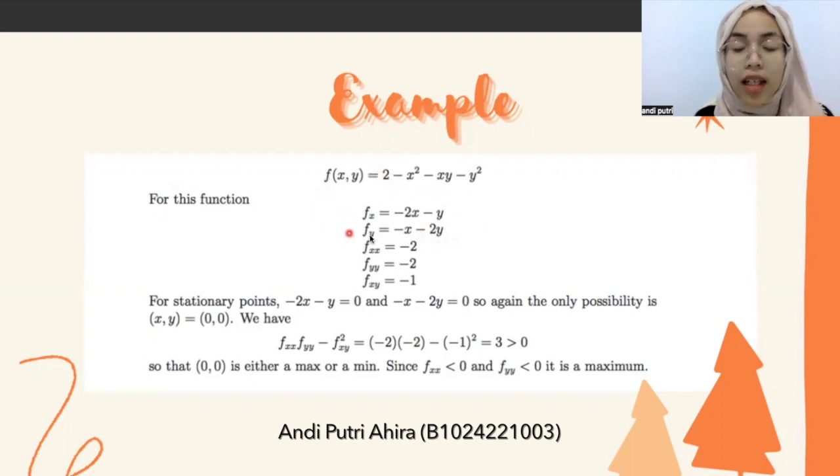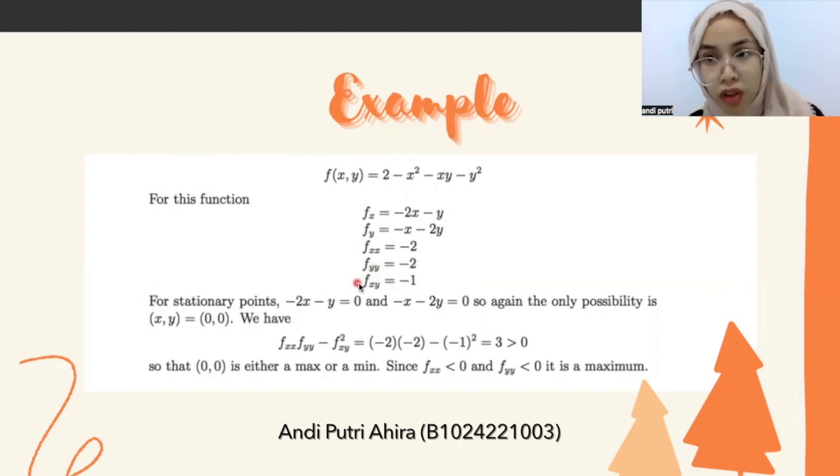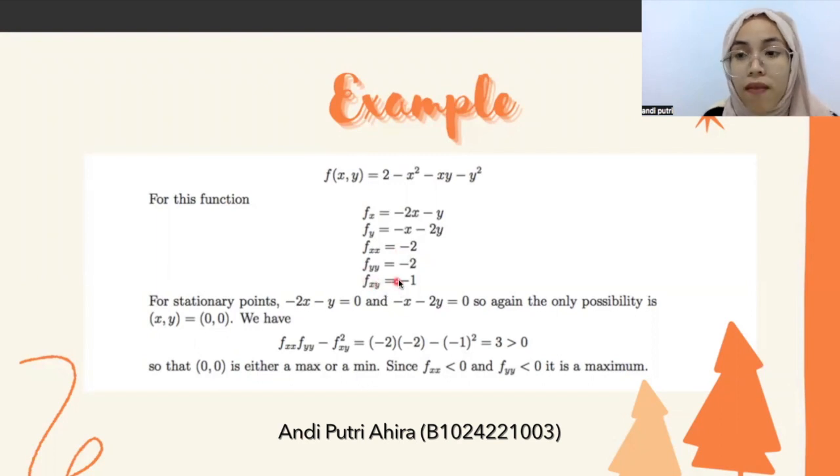After we find the partial derivatives with respect to x and y, we now have to find the second order partial derivatives. The second order partial derivative fxx is negative 2, the second order partial derivative fyy is also negative 2, and the second order partial derivative fxy is negative 1.